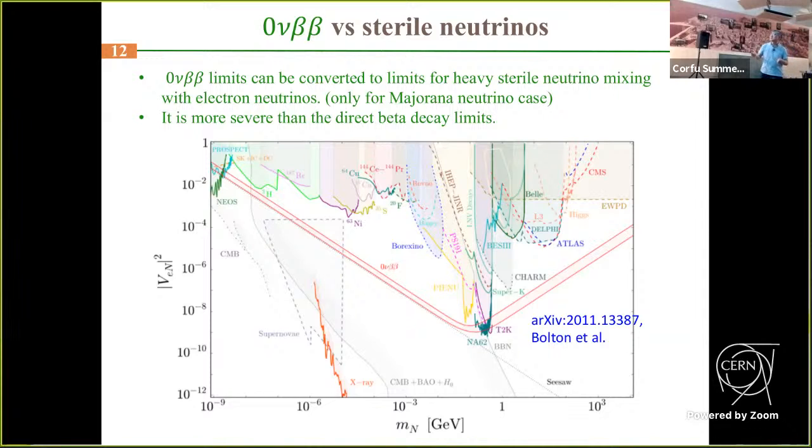This is interesting. In my case, it seems we need a limit that is more severe than the direct beta decay limits. The beta decay limits are here. This is actually the experimental program from KATRIN, TRISTAN to improve this limit to 10 to the minus 8 or even 10 to the minus 9 level, which is expected in the quite near future.